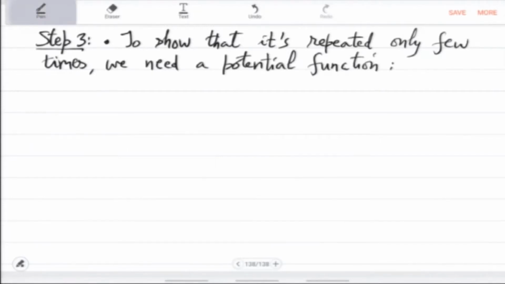Okay, so what will be the potential function? Potential function should be such that to begin with it is small, and with every swap and repetition it reduces.